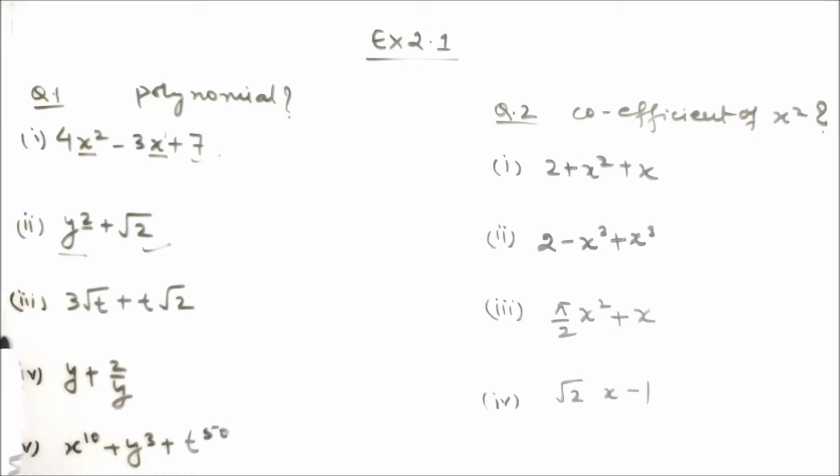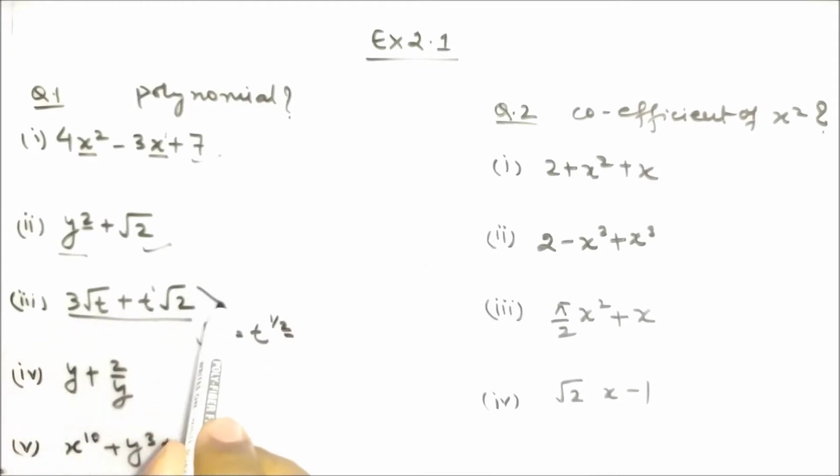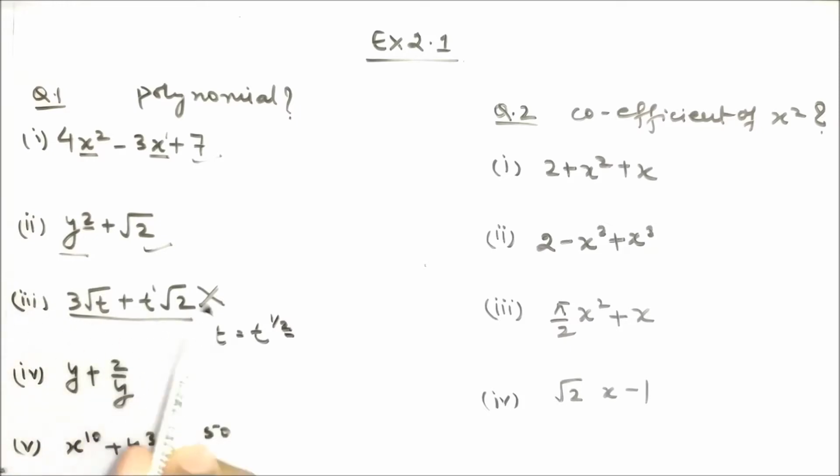If you see the third part, here we have the variable here and here, okay? Now if we see this variable, the power is a whole number, but here under root t is written as t to the power of 1 by 2, and 1 by 2 is not a whole number, therefore this expression will not be a polynomial, okay?